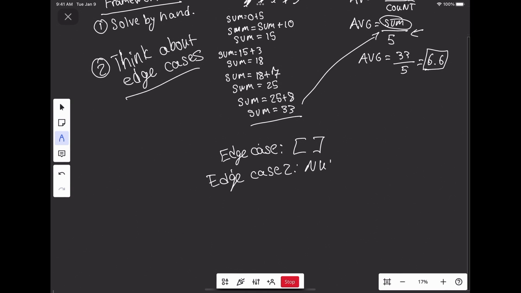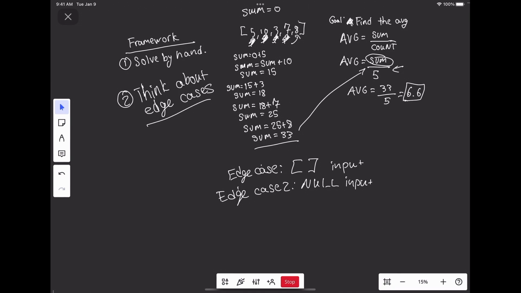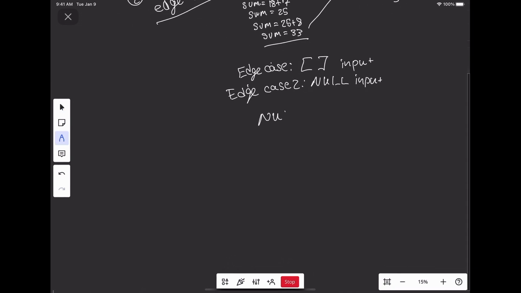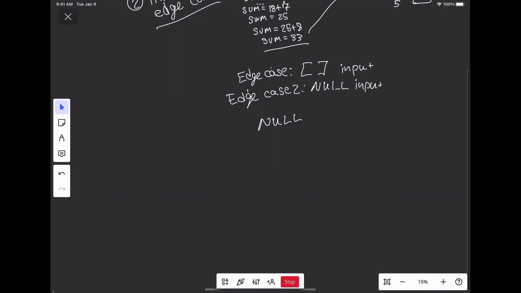Let's say we're just given null input. So really, if we were given a null input, even in this example, let's do another one where we're just given null. That's easy. There's no list for us to look through, so we just simply return 0. So maybe when we write out our solution, that could be one of the very first things that we do, is check for null or check for an empty list and just return 0, right?